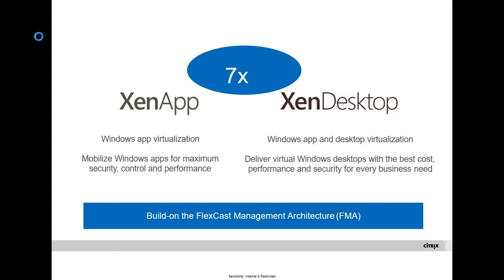In the same way, in XenDesktop, users get a virtualized desktop, and that will be the desktop OS. Take the example of Windows 10, Windows 7, 8. The latest one, Windows 10, is very common in customer environments and a very stable version.